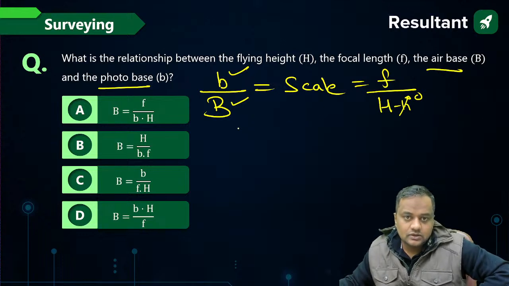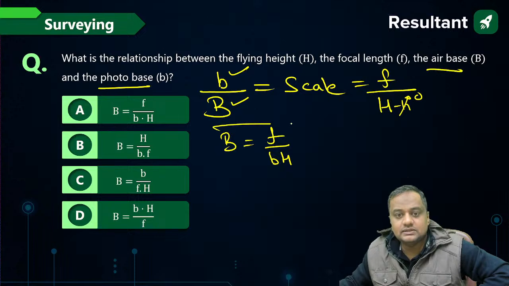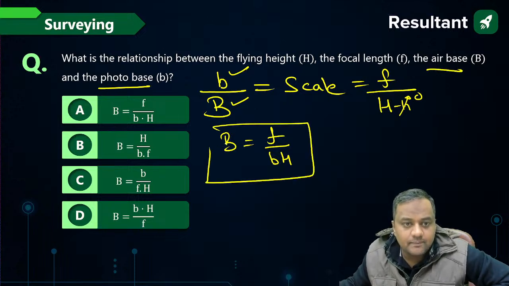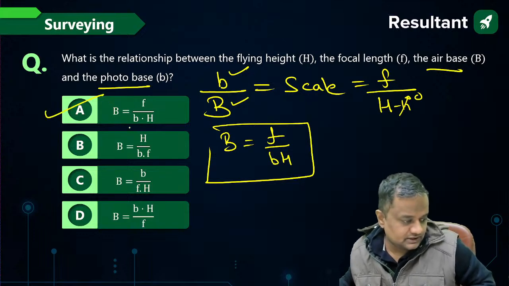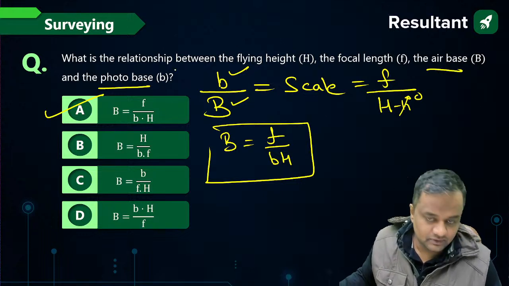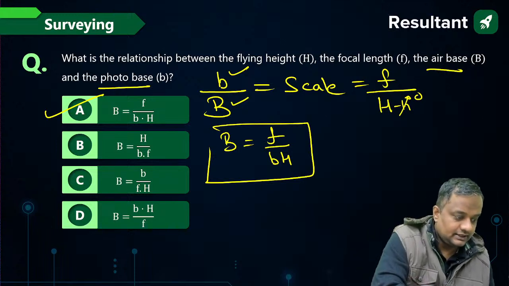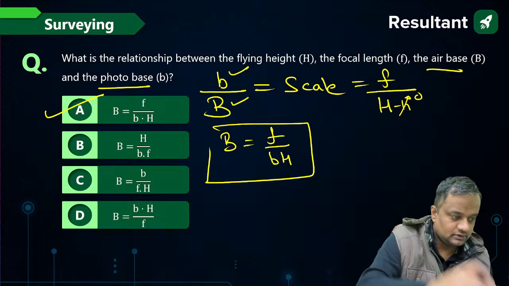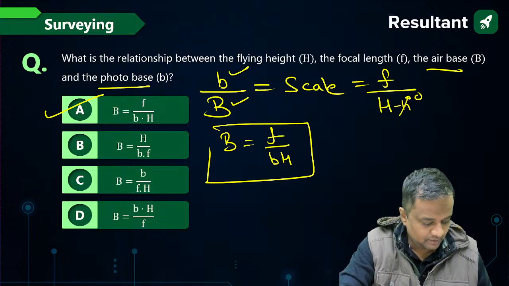So the capital B value will be F upon B into H. Any doubt here? Come on, please tell me.